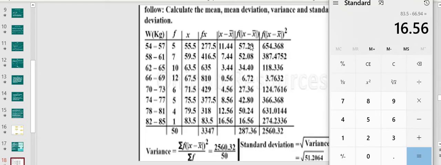To find the mean deviation, only the mean deviation, not the standard deviation, we can take directly the deviation. If we find the mean deviation, then we will multiply each deviation with its corresponding frequency.